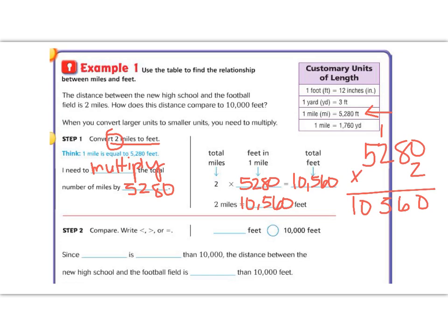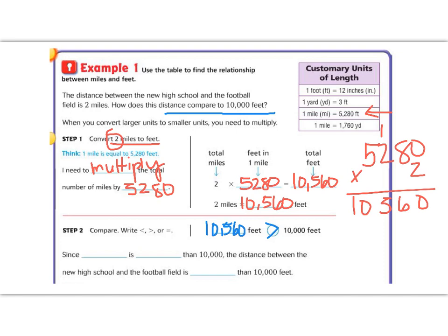10,560 feet. Now, our question actually asks us, how does this compare to 10,000 feet? So compare, remember, we need to decide whether it's greater than or less than. So step 2 says write our number, 10,560, and then we need to use which way the alligator faces. Remember, it wants to eat the bigger number, so it's going to face this way.